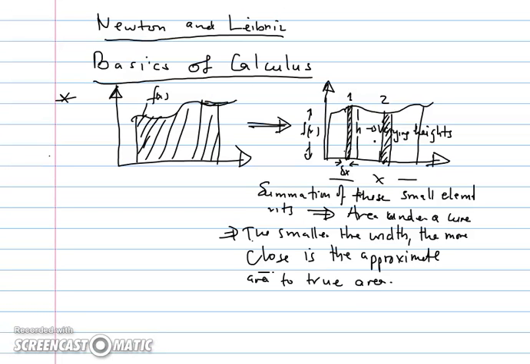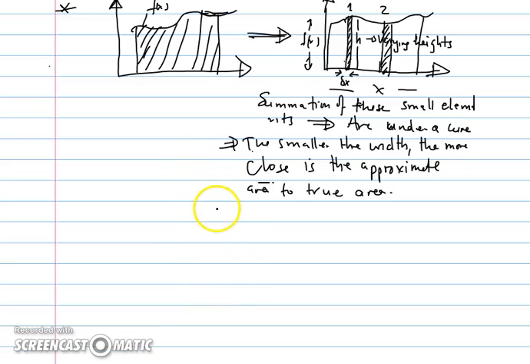So here, the smaller the thickness of this element, the more accurate is the approximated area, because we are approximating with rectangular areas and this shape is not rectangular. On calculating, they discovered that the summation of all the areas dA is approximately equal to capital A.